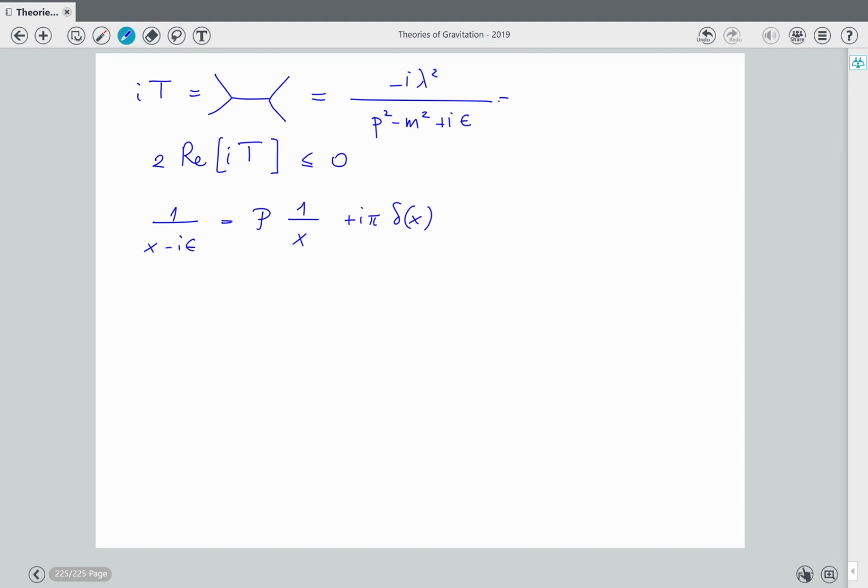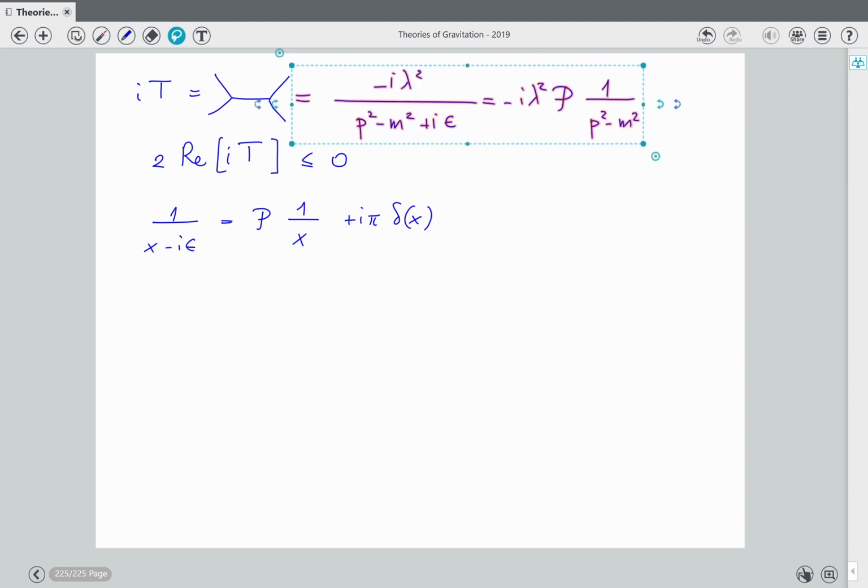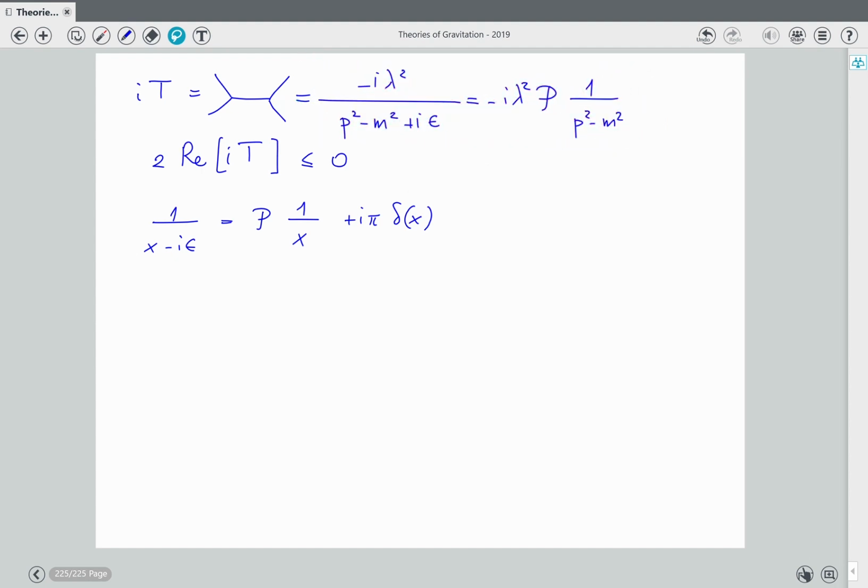So you have minus I lambda squared, principal value of 1 divided by P squared minus M squared, and then you have minus I lambda squared, but times I pi.